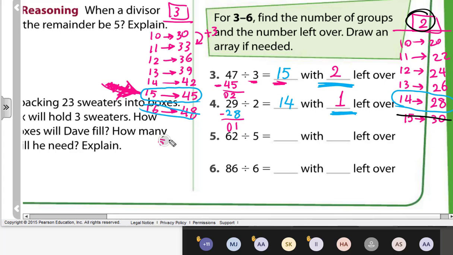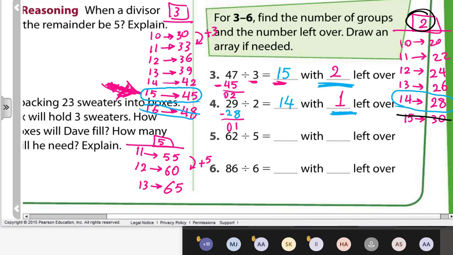So we are writing the timetable of 5, the multiples of 5. 11 times 5 equals 55. 12 times 5, each time plus 5, equals 60. 13 times 5 equals 65.